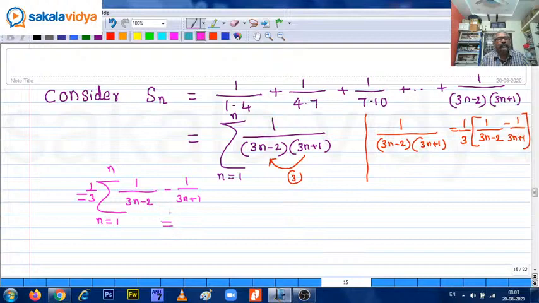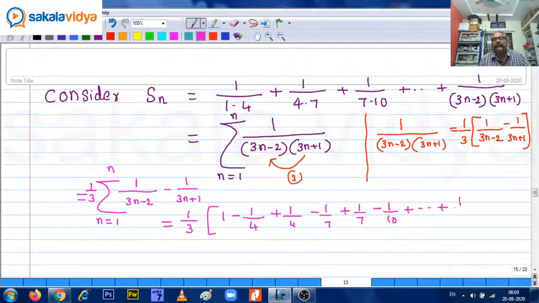Now substitute the values. 1 by 3 times, first n is equal to 1, you get 1 by 1 minus 1 upon 4, plus next, substitute 2: 1 upon 4 minus 1 upon 7, substitute 3: 1 upon 7 minus 1 upon 10, plus and so on, up to 1 upon 3n minus 2 minus 1 upon 3n plus 1.